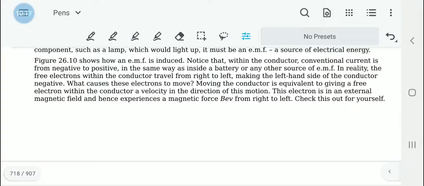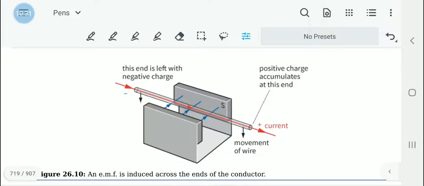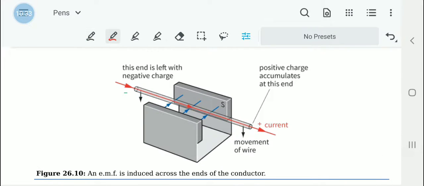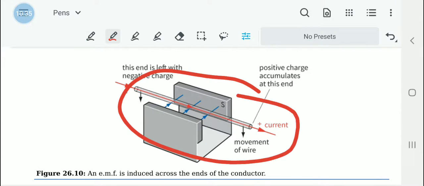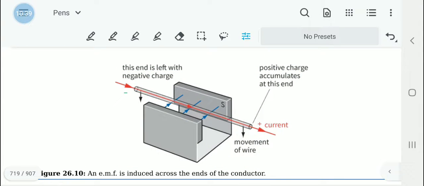Making the left hand side of the conductor negative. So that is the reason why it has become negative. So the electrons have moved from right to the left. This diagram represents the situation after the EMF has been built up.